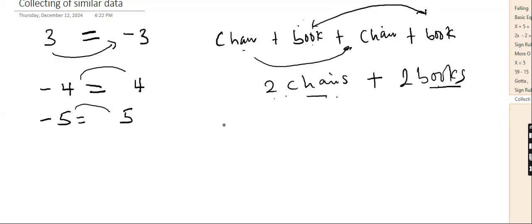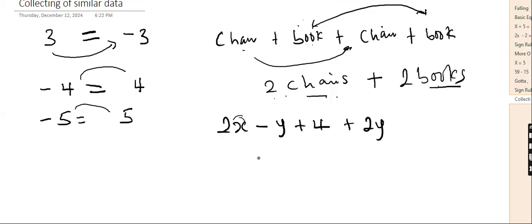So similarly, if I have 2x minus y plus 4, then plus 2y. If I want to collect the like terms, or what we call similar data, this x does not have a data that is similar to it. We look at the variable that it carries, it is x, right?